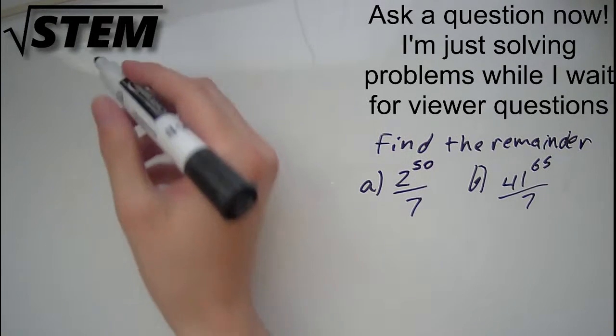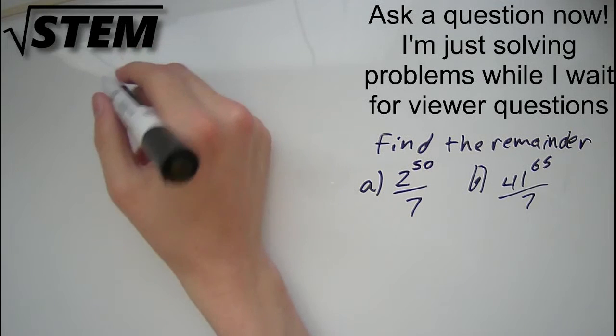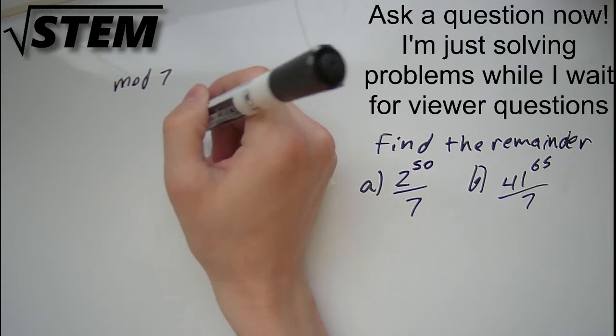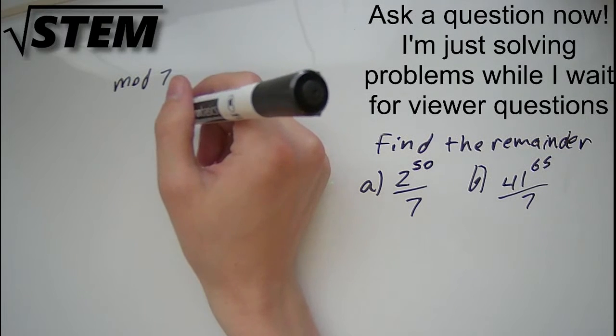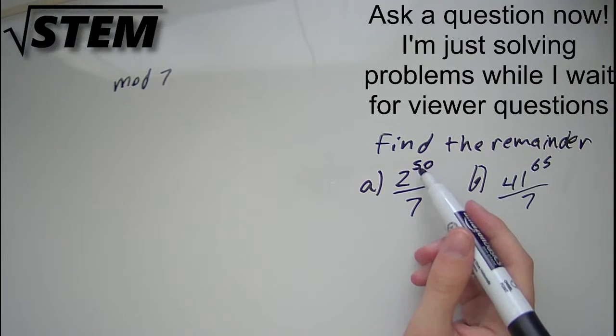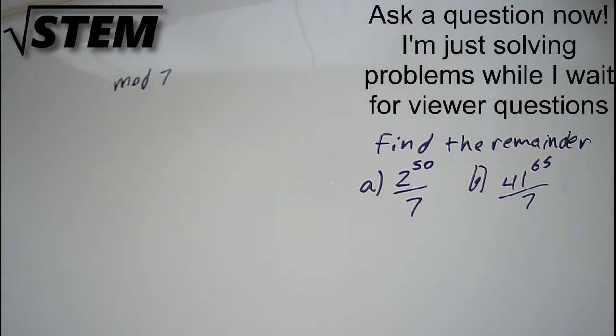So we want to think about numbers mod 7 that are congruent to 1. So mod 7, we only have 0 through 6. So what numbers are congruent to 1? We want to find a power of 2 that's congruent to 1. Okay.